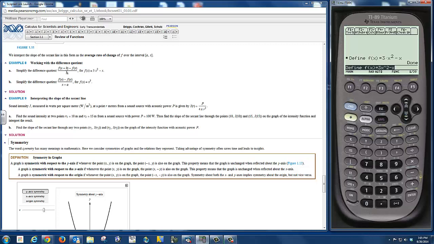Okay, so we would like to simplify the difference quotient. So we have the numerator and denominator. Be careful with your parentheses. In the numerator we have f evaluated at x plus h. Let's find h. It seems to be above 8 there.